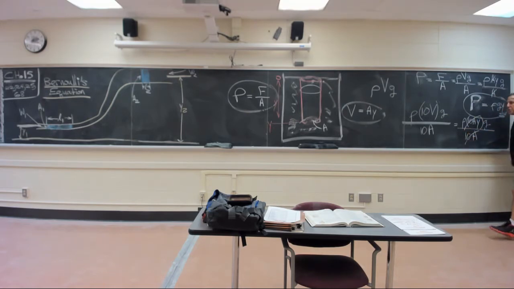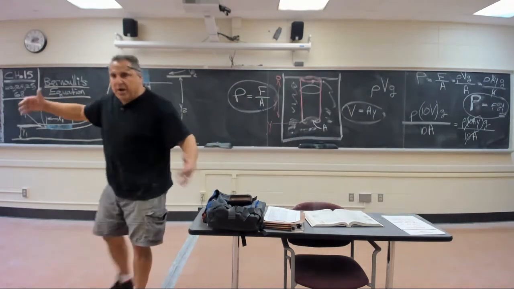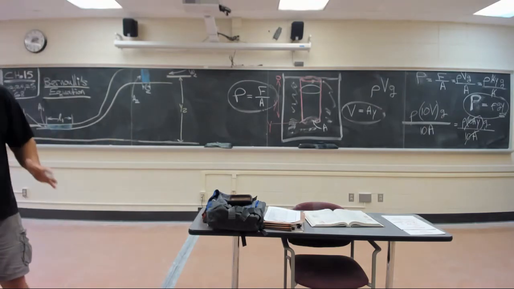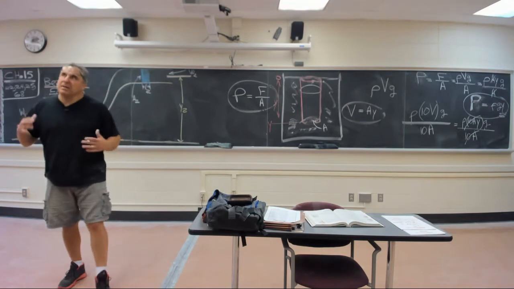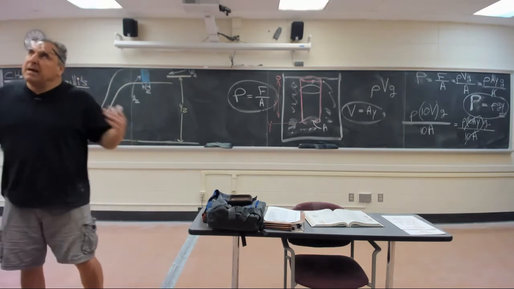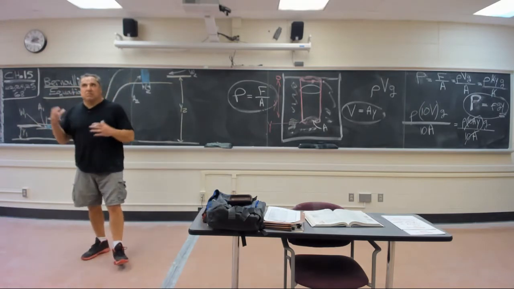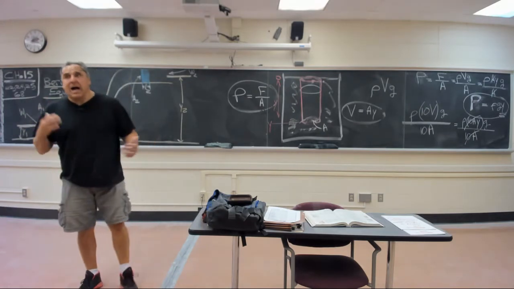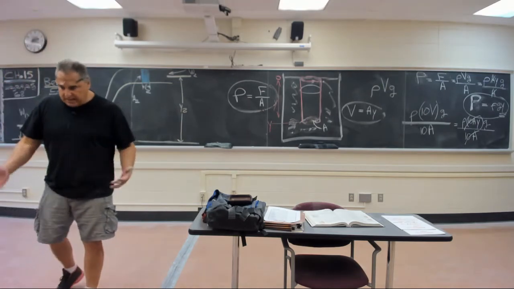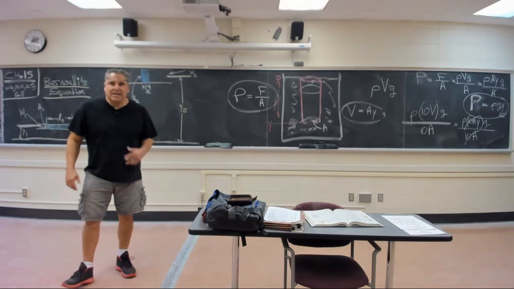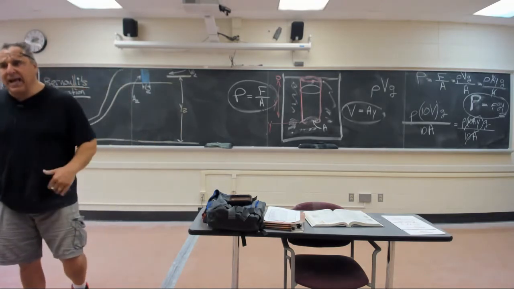In this new scenario, expand the base and make the base 10 times more massive than it was earlier. If the base is 10 times more area, it's 10 times more volume, it's 10 times more mass, it's 10 times more weight. Yes. 10 times more weight divided by 10 times the area, the 10s cancel.